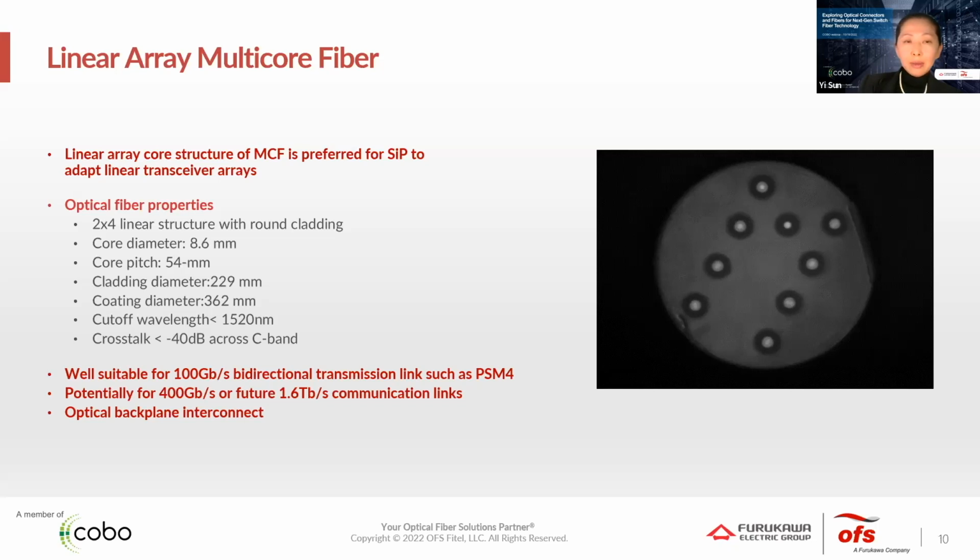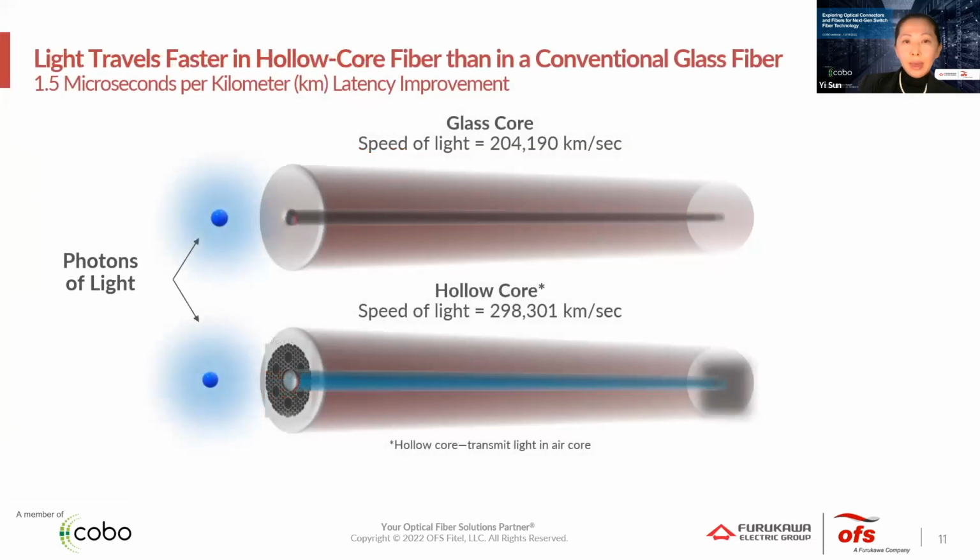I'd also like to point out for the circular design fiber, the cores are arranged circularly. There are also techniques to convert the circular to linear, for coupling to a linear array of a transceiver. And I hand this over to Mahmoud. The floor is yours.